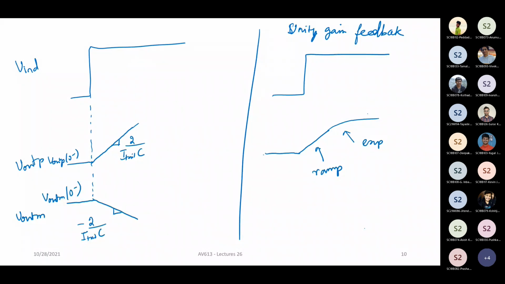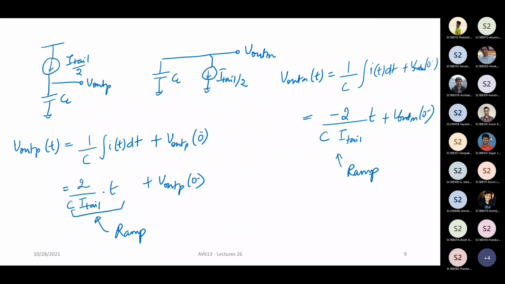Now this ramping is what is called slewing, op-amp slewing. It no longer follows your first order system. Now you are literally starving it for current. Instead of becoming a first order system, it becomes a constant current source pumping into a capacitor. So instead of having an exponential rise, you have a ramp rise.